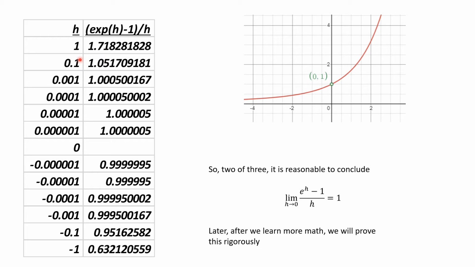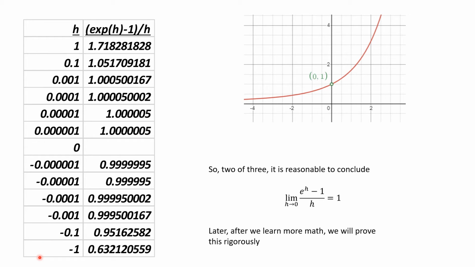I can also take numbers that are approaching 0 from above. So here I got 1, here I got a tenth, here I have 10 to the minus 3, 10 to the minus 4, 10 to the minus 5, this is 10 to the minus 6. And you see that this expression, e to the h minus 1 over h, is getting closer and closer to 1.